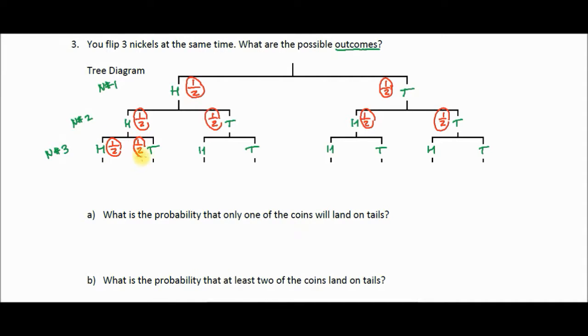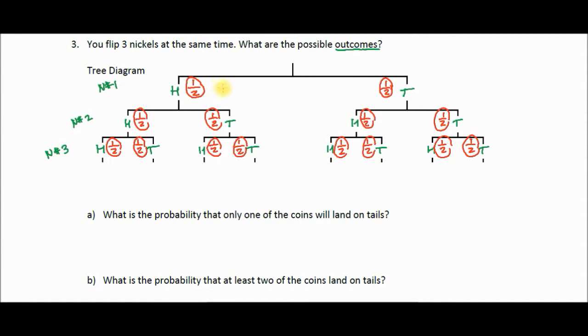One event is not affected by and does not know what happened in the previous events. Therefore, the probabilities aren't affected from one event to the other, so they're all just going to be 1/2.